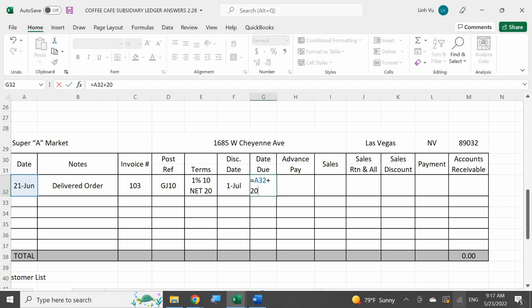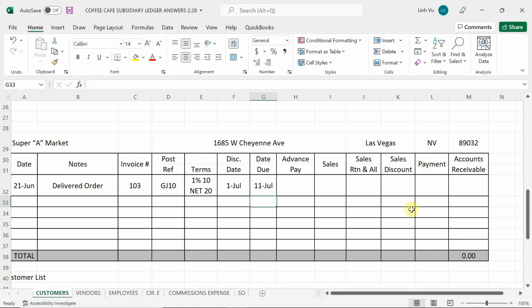It's going to be July 10th. Close. July 11. Because if you already calculated that 10 days from now is July 1st, what's 10 more days after that? July 11. Okay, for how much?